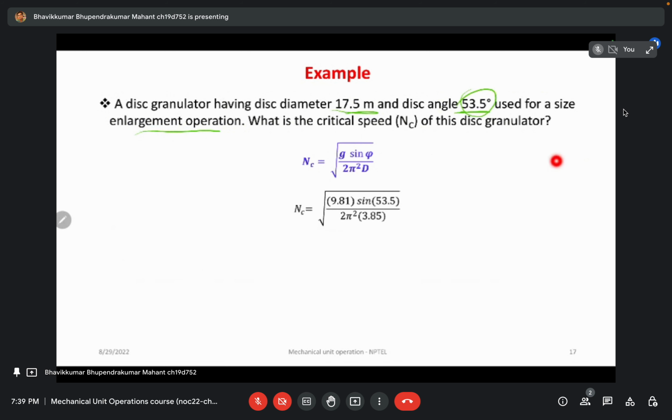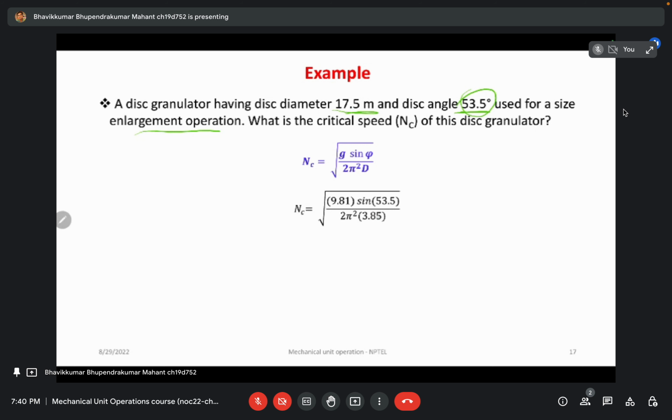Just look into this kind of problem, so you can get some solution for some of our example problems. Here you can see NC is directly proportional to the square root of g, the gravitational acceleration, and inversely proportional to the square root of the diameter. So NC is proportional to d raised to minus 1/2. Here you can provide the value 17.5 for the disc diameter.